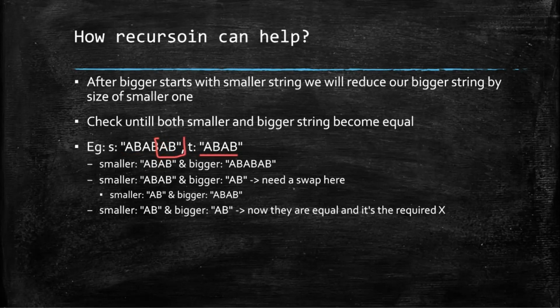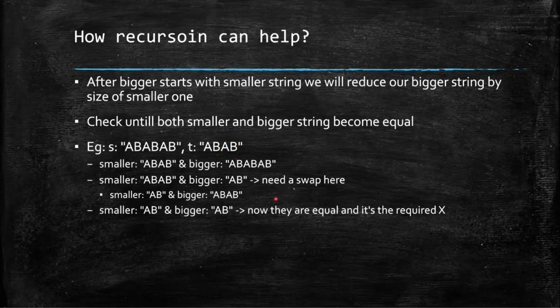Now this AB becomes my smaller, or divisor, and this becomes the dividend. I can see that this AB is a prefix of this string, so I will remove it. Then check this AB against this AB. Whenever both strings become equal, I will return any one of them, because that is the common part we are searching for.